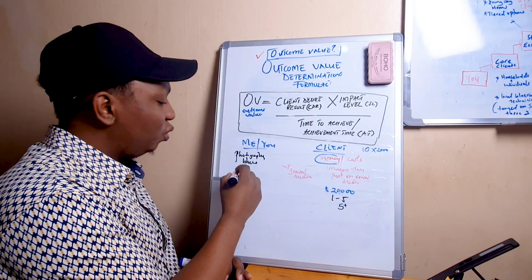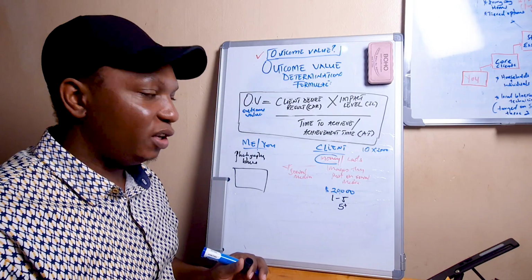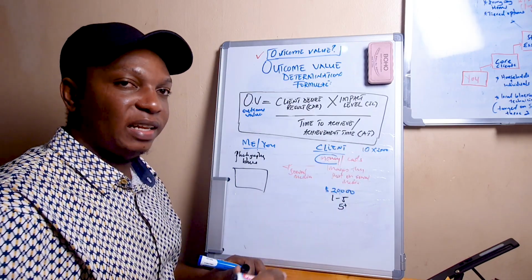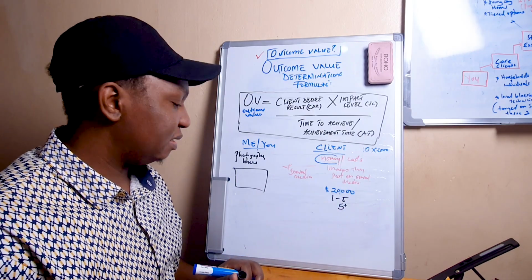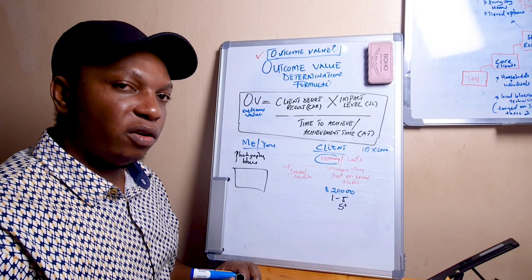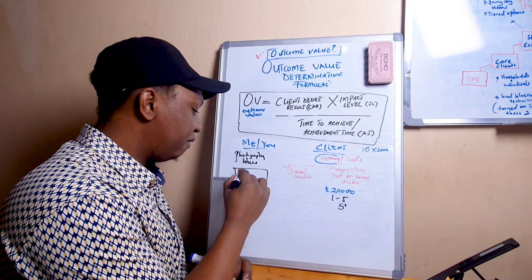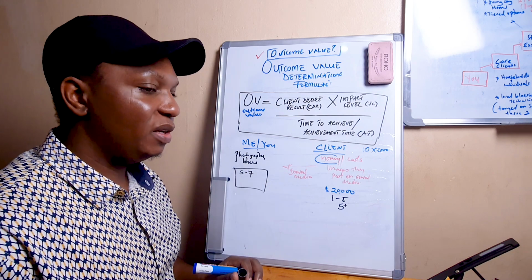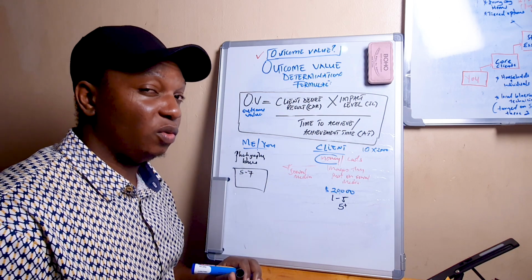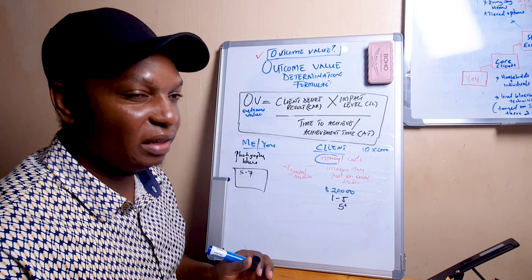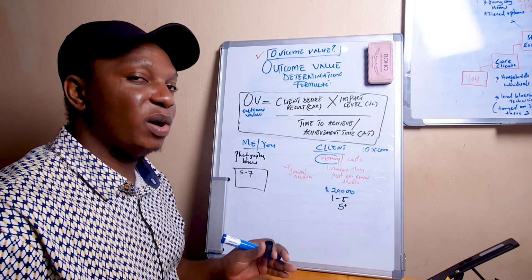Now, as for you, how long does it take to get them the images they want to use for their business? From a photography standpoint, usually it is about 5 to 7 days. For wedding photography, sometimes it can be 2 weeks, 3 weeks, or a month, depending on how much volume you took.